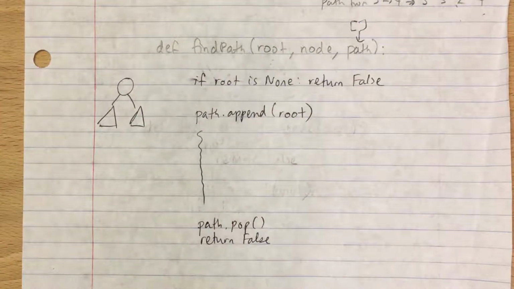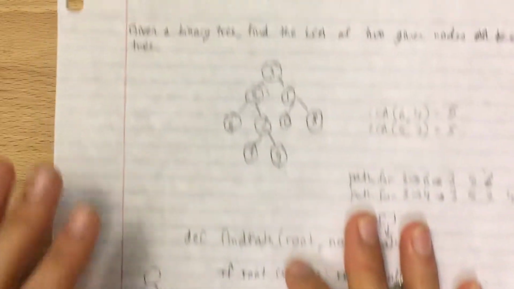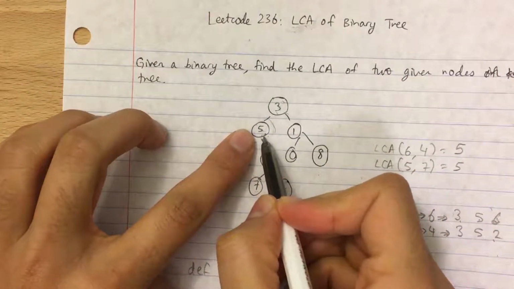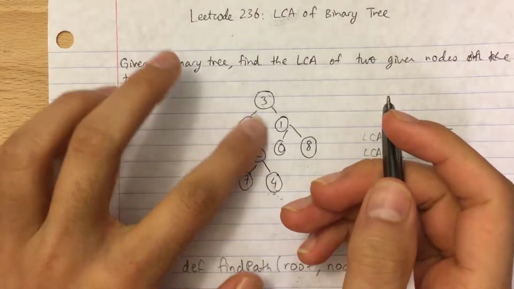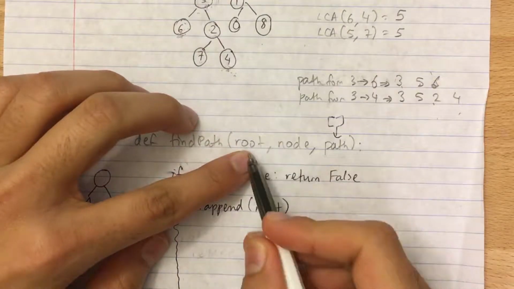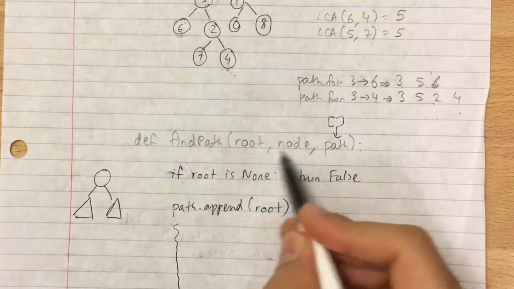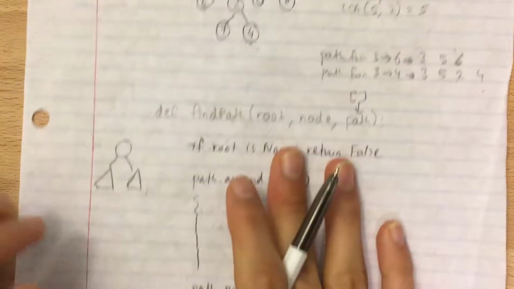So what does the search logic look like? The search logic is pretty straightforward. If you're at a given node in the tree, and the value of that node is equal to the target that you're passing in, then you've essentially found your given node.